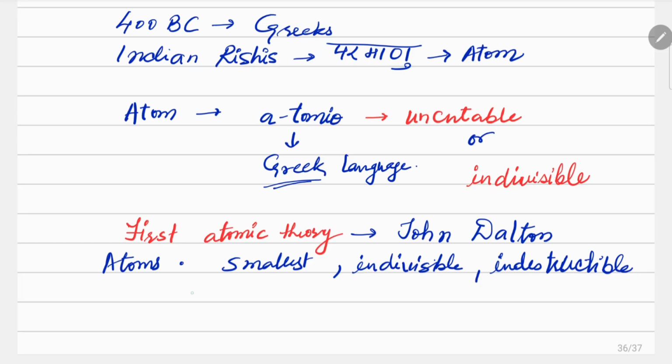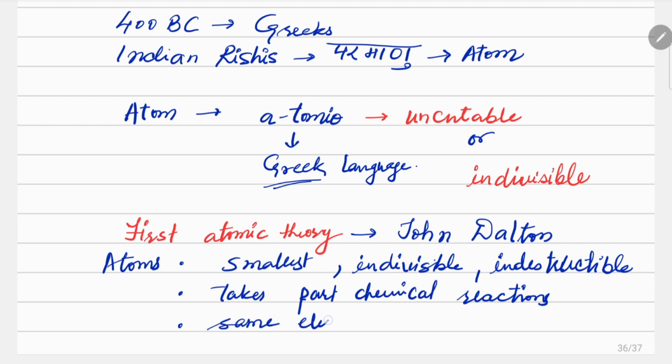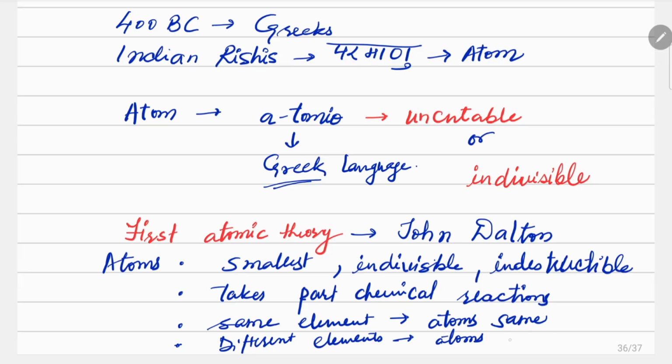These are the smallest particles, the individual particles which take part in chemical reactions. For the same element, atoms are the same, and for different elements, atoms are different and their properties are different.